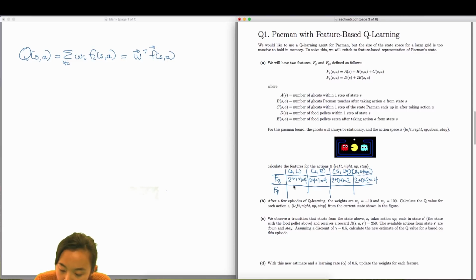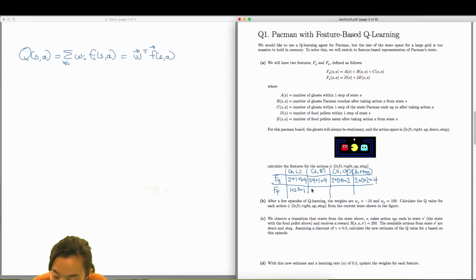Okay, next for FP. Let's consider the state and left again. The number of food pellets within one step of us currently is 1, plus 2 times E, which is the number of food pellets eaten after taking this action, which is going to be 0 for moving left, and this is just 1.